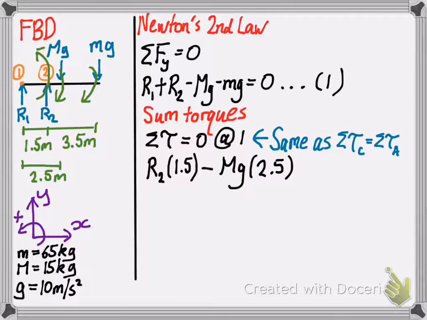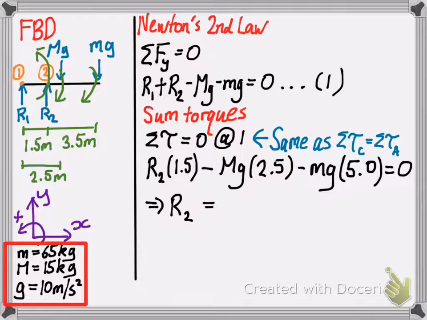So we're going to have minus big mg multiplied by 2.5, minus small mg and its perpendicular distance, which is 5 meters. So we have minus small mg times 5, and all of this is equal to 0. And now we can just simply arrange R2 to make it by itself and sub in our given values in the bottom left.